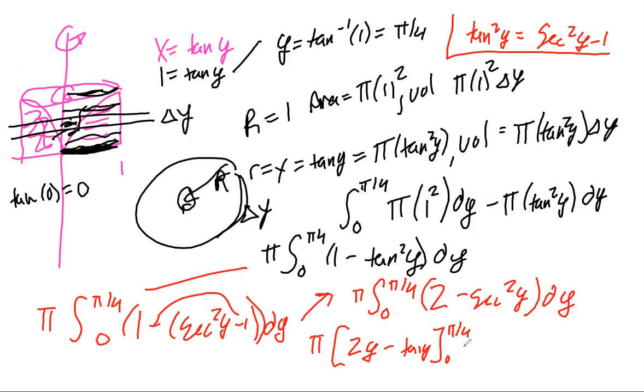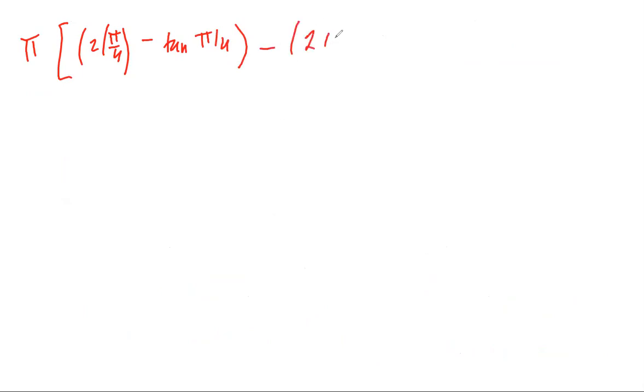So we have pi times 2 times pi over 4 minus tangent of pi over 4, minus plugging in 0, 2 times 0 minus tangent of 0.